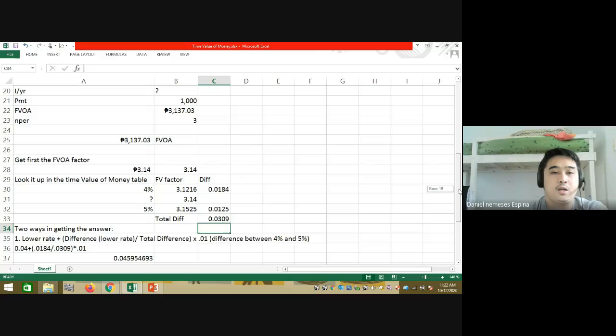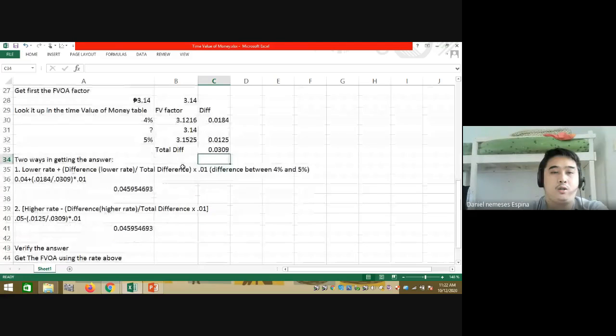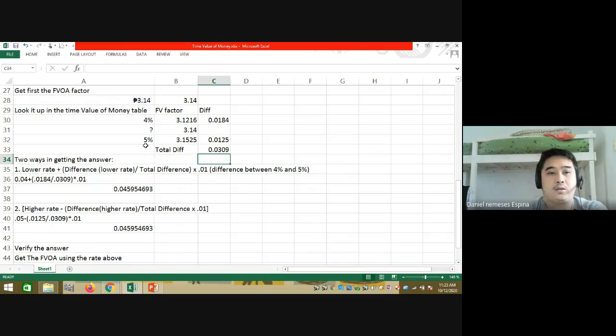Now the next step after getting the difference and the total difference is to use the formula. There are two ways of getting the answer: you use either the lower rate or the higher rate. The lower rate pertains to 4%, while the higher rate pertains to 5%. So this is the formula for getting the approximate.